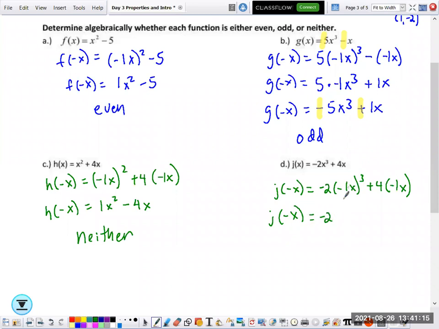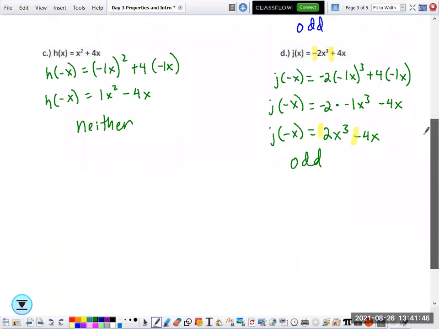And we have negative 1 cubed is negative 1, and then x cubed. 4 times negative 1 is negative 4. Negative 2 times negative 1 is positive 2x cubed minus 4x. Oh, look. Negative, positive, positive, negative. This one is also odd.